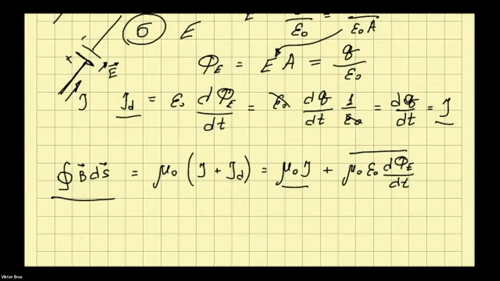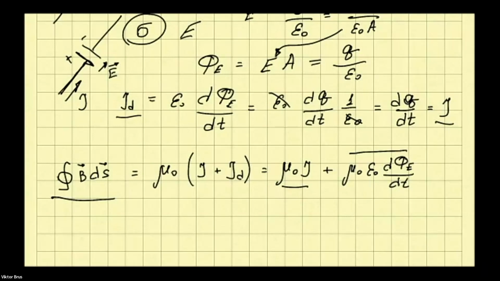However, besides that, a changing, varying in time electric field flux can also serve as a source of magnetic field.